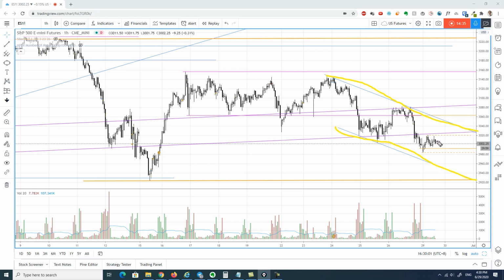So if I can see a rally up to around this first hour bar on last Friday, I think that could be around 3030 to around 3050, and that should coincide with this resistance formed in the down channel. I think that could become a good short entry.